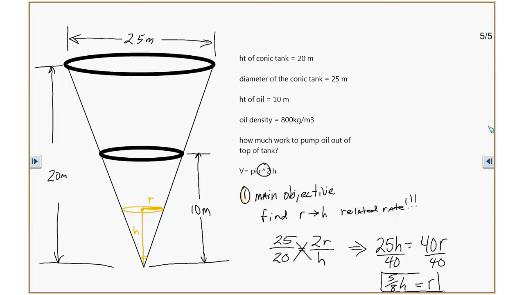And so, ratios, the height to the diameter of the total. Yep.